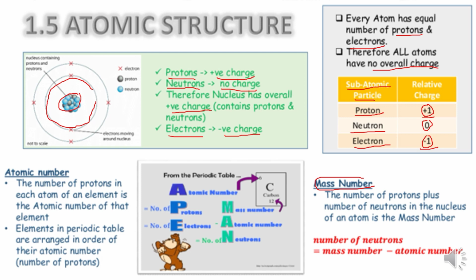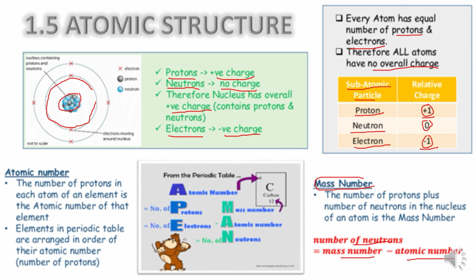This implies that the number of neutrons will be equal to the mass number of an atom minus the atomic number of the same atom. I hope this is clear. And the number of protons in every atom is called the atomic number.